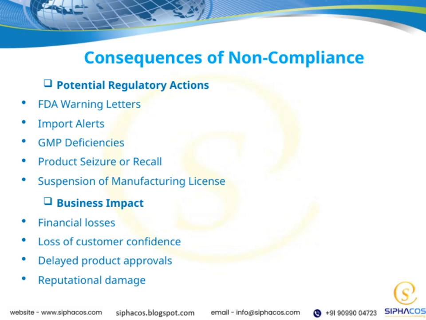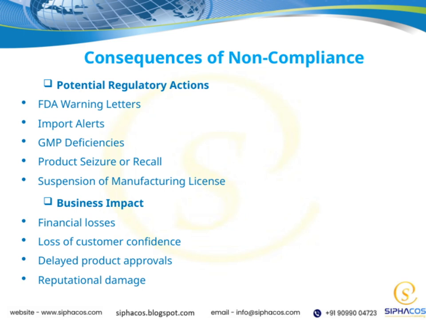In addition, there are GMP deficiencies, meaning good manufacturing practice violations, that can lead to further scrutiny. If these issues are severe enough, products might be seized or recalled to protect public health. In extreme cases, the manufacturing license itself could be suspended, halting production entirely.